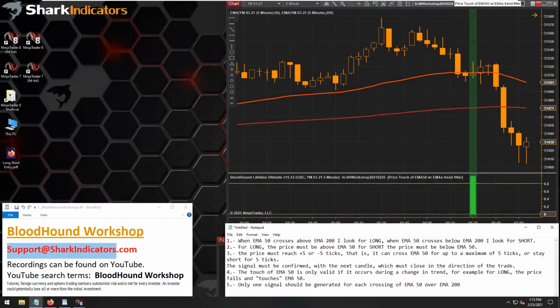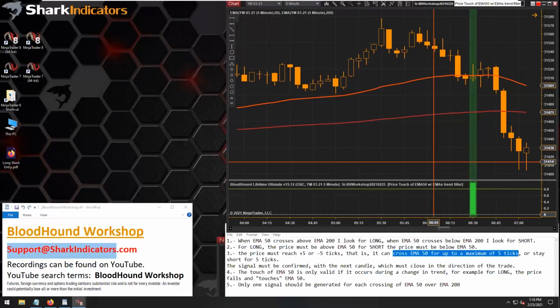Let me take a look at the written directions here. Okay, checking the conditions again. So we do have a critical condition here. It says that basically the closing price can cross the EMA50 for up to a maximum of 5 ticks. So what do we do if it goes beyond that? My guess is that probably invalidates the signal if it breaks beyond that.